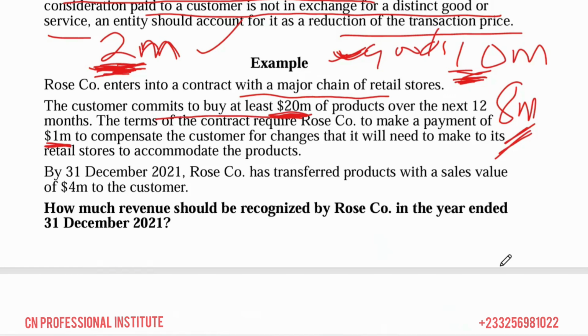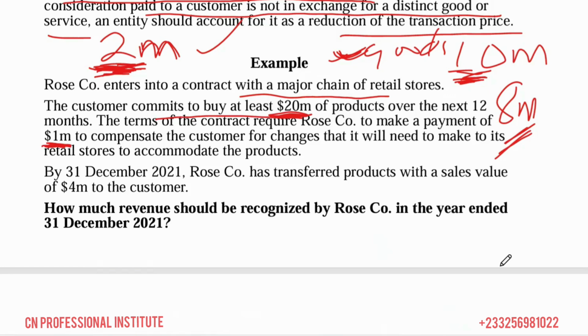They promise to buy at least 20 million, and for 20 million of products sold to the customer, they will refund 1 million to compensate the customer. Are you following? For changes it will make to its stores to accommodate the product.